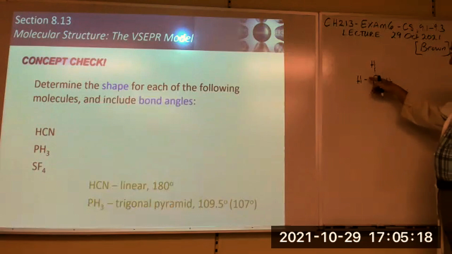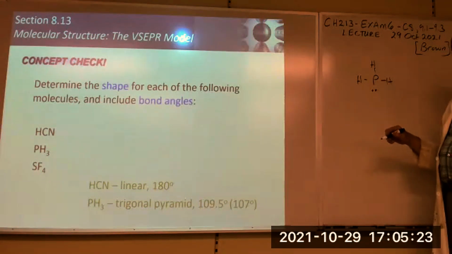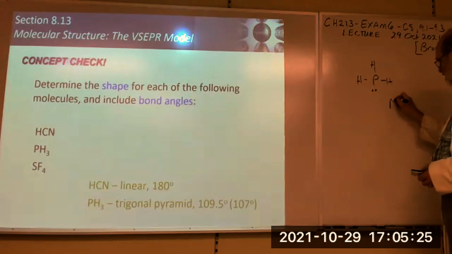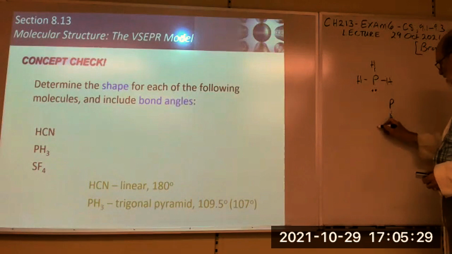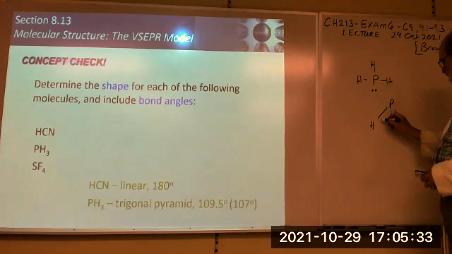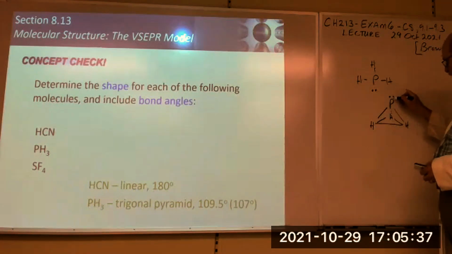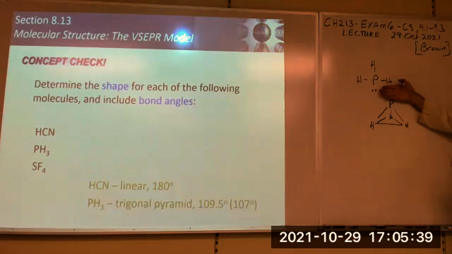And 1, 2, 3, 4 groups means that it's a tetrahedron electronically. But it's got hydrogen in the back, and then hydrogen out here, hydrogen out here, and they form this trigonal base with a lone pair up here. And if you cover up the lone pair, there's your trigonal pyramid.